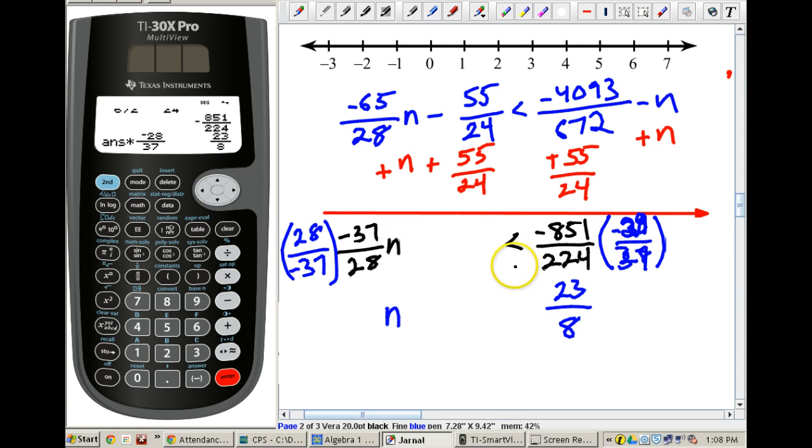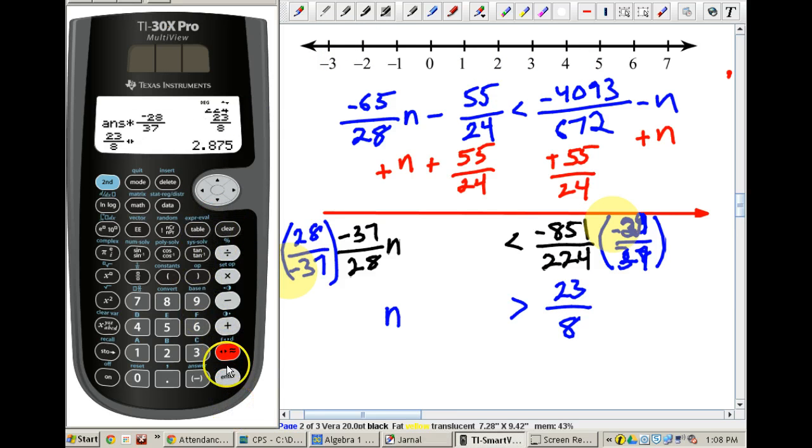What's the sign? What is it? Because? Yeah, we did multiply by a negative on both sides. Okay. Now, where is 23 over 8 on the number line? Between what two numbers? Okay, so get an approximation.